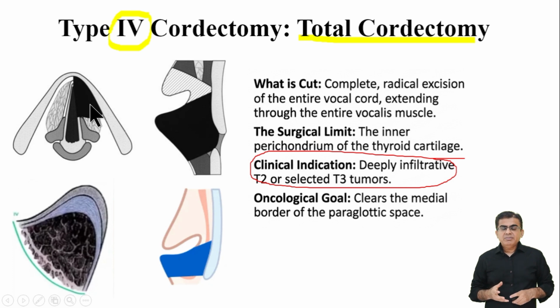The patient will permanently suffer from a very breathy and weak voice. Therefore, you must only perform a type 4 cordectomy when it is absolutely oncologically necessary to clear the deep disease.